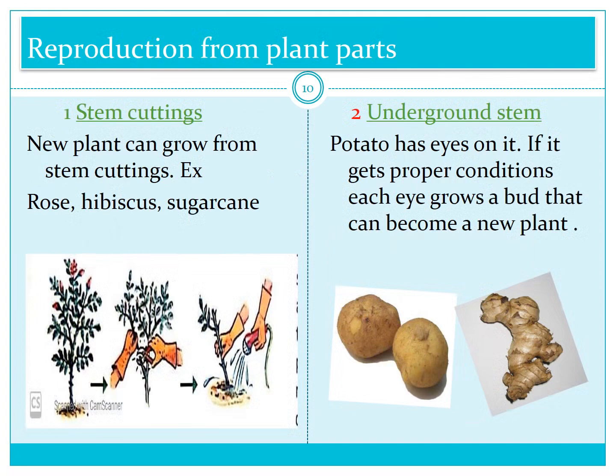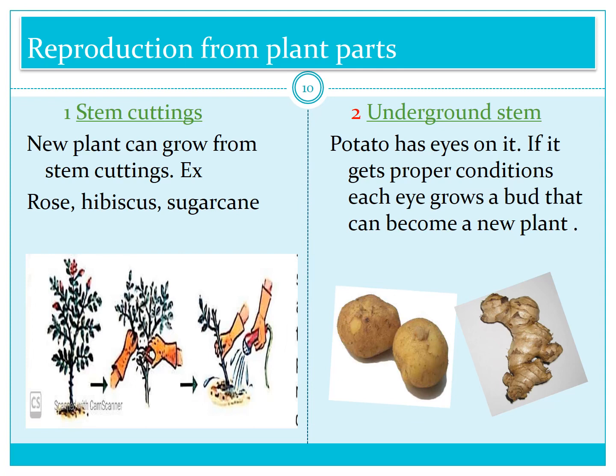Reproduction from plant parts. How does reproduction take place by stem cuttings? New plants can grow from the stem cutting of rose or hibiscus or sugarcane. That is, if you have a rose plant at home, you can take a stem cutting and plant it somewhere else to get a new rose plant.